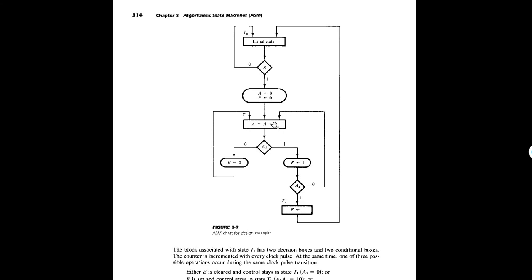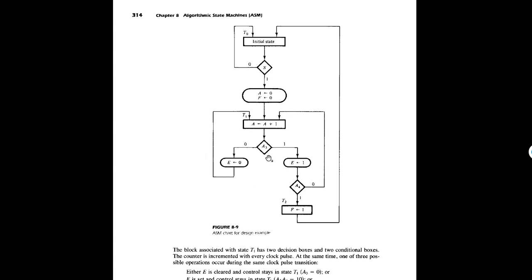So in the next state it is 1. Just as you are saying from 0 to 1, in the same block you can write that E has been changed, right?